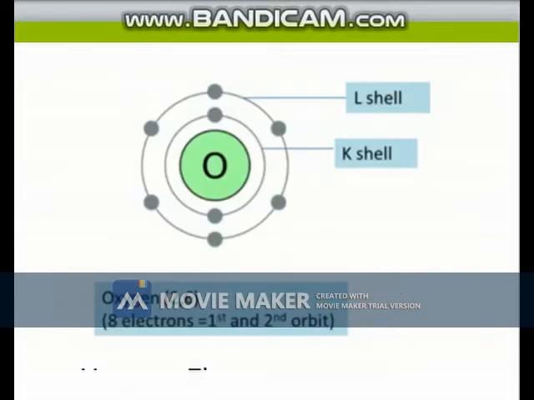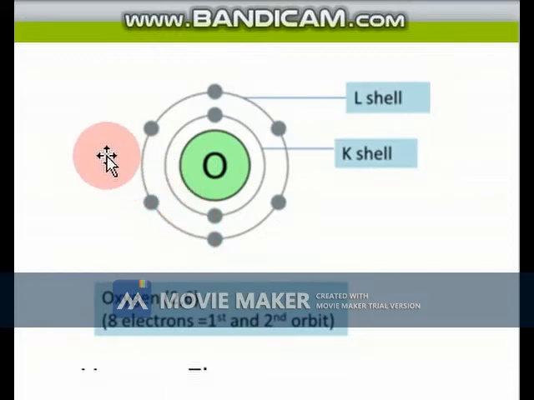So here we look at a typical example of what we have for oxygen. Oxygen has 2 shells. The first shell can carry a maximum of 2. The second shell can carry a maximum of 6. What it means is that in filling these shells with electrons, you must make sure that the first shell is completely filled before you move to the next shell, and that shell must also be completely filled before you can move to the next shell.